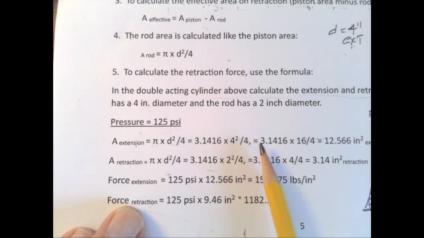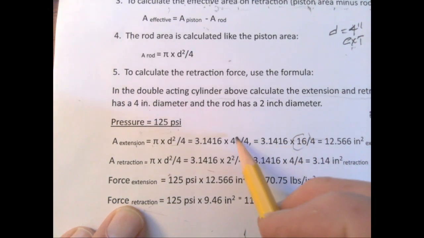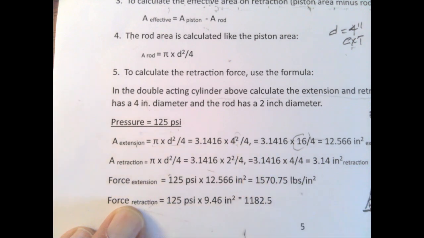So we'll say that equals 3.1416 times 16. So 16 right there is where we got rid of this guy, right? We made this a real number. So 3.14 times 16 divided by 4 equals 12.566 square inches. Inches squared.